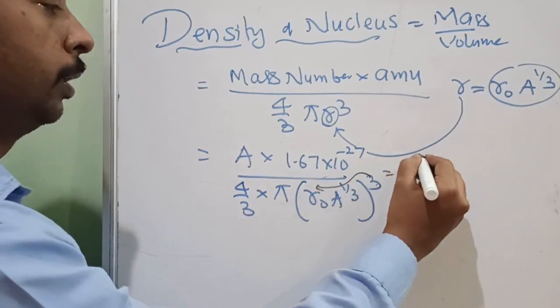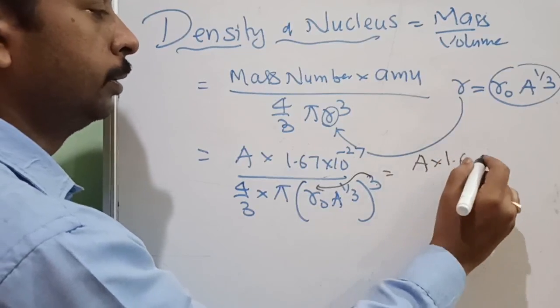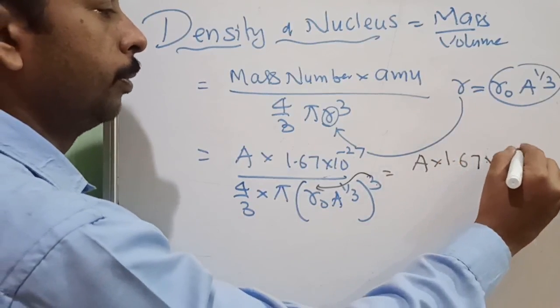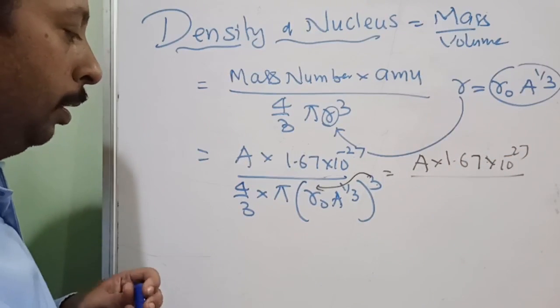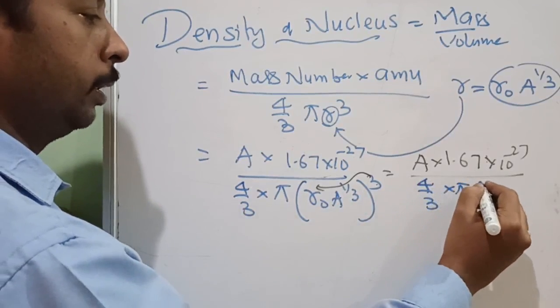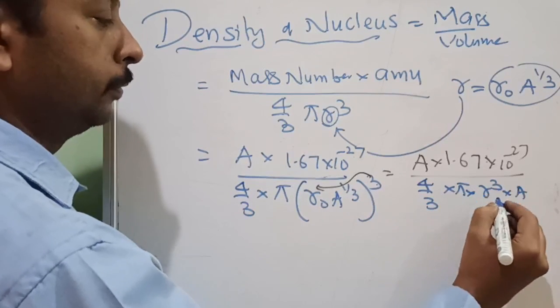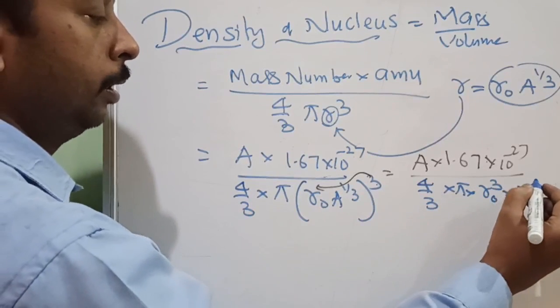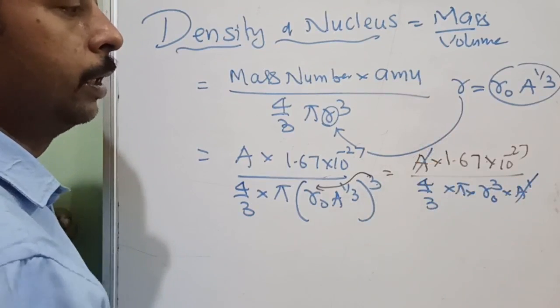Otherwise I will do one thing, a into 1.67 into 10 to the power of minus 27 divided by 4 by 3 into pi into r0 to the power of 3 into a to the power of 1. So this and this will get cancelled.